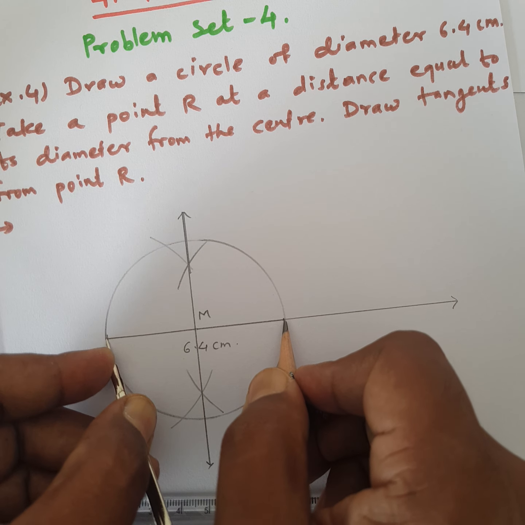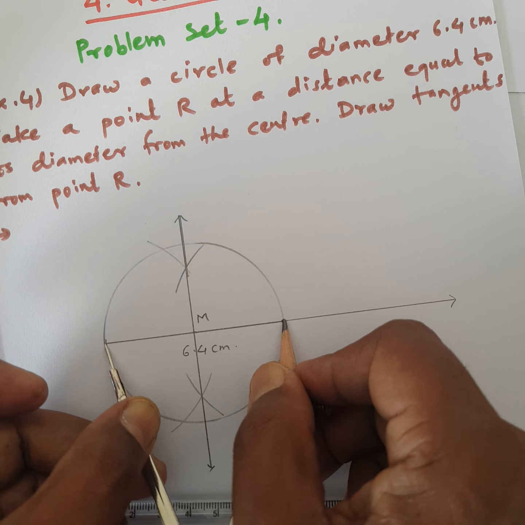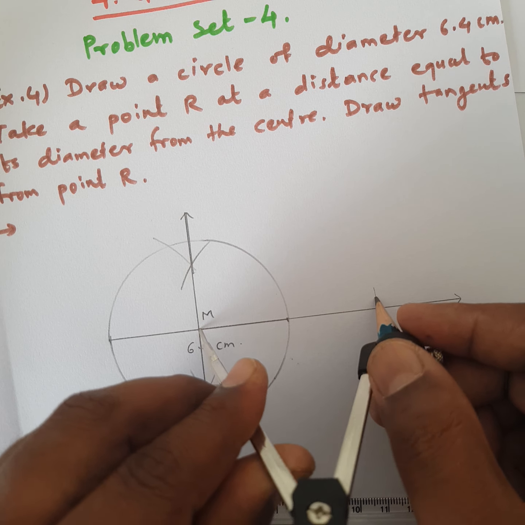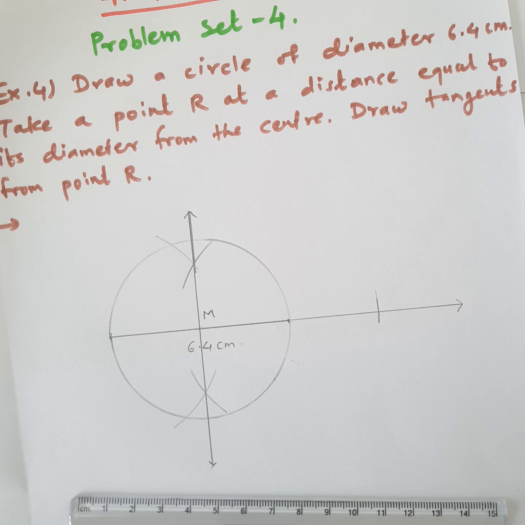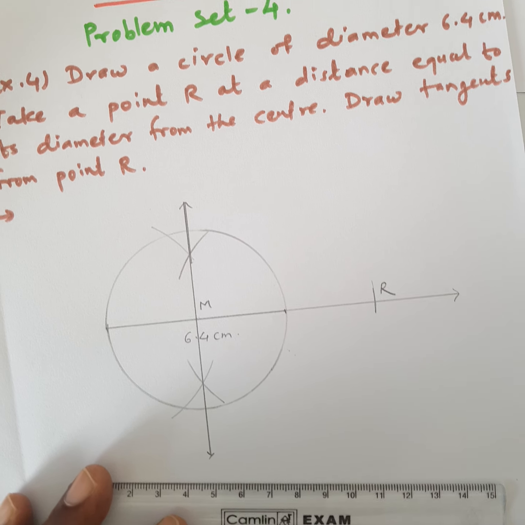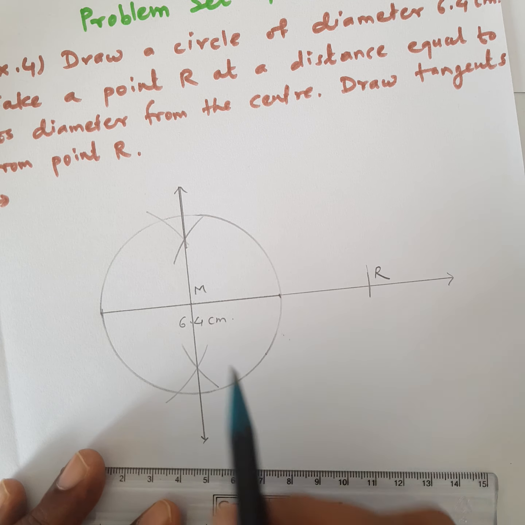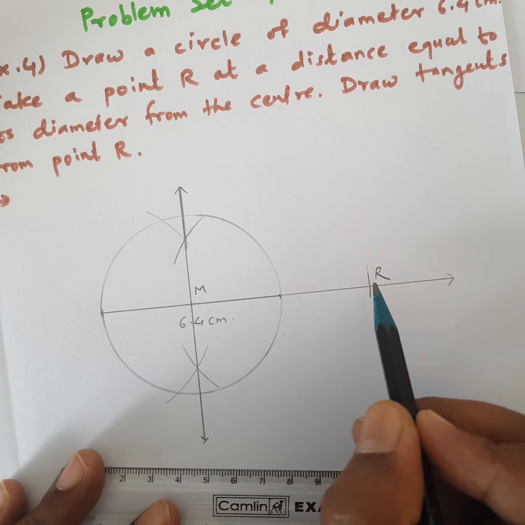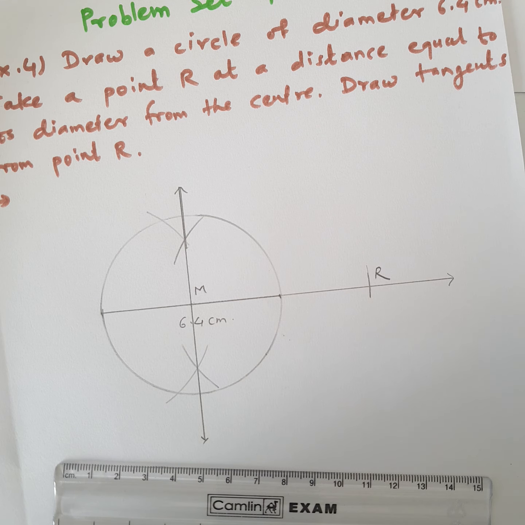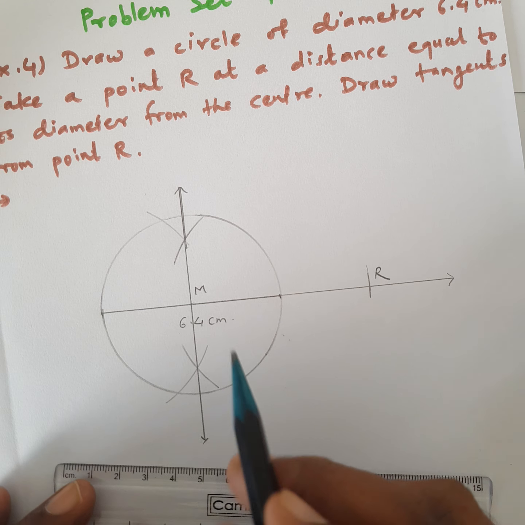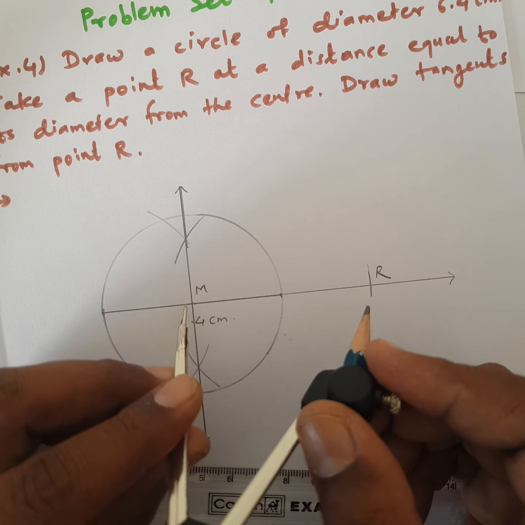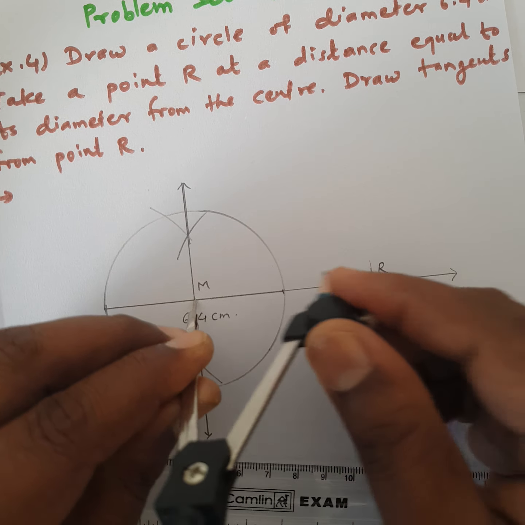We can take it from the scale or directly from this. Now the point R is at a distance of 6.4 centimeter, that is, at a distance equal to the diameter. That is, this distance MR will be 6.4 centimeter. We have to draw tangents to the circle from point R. For that purpose, again we will bisect segment MR.